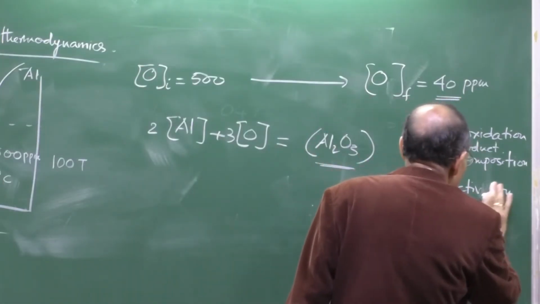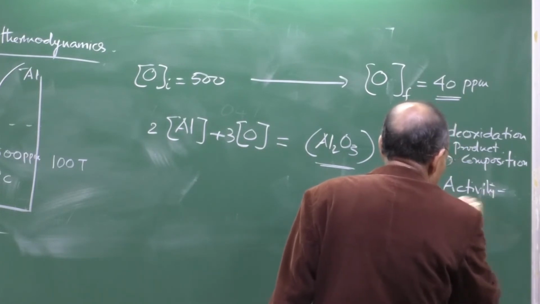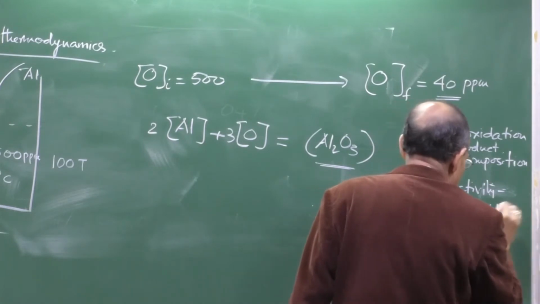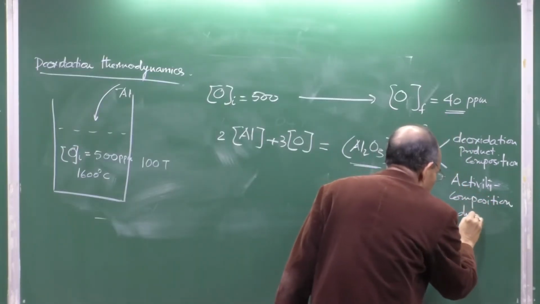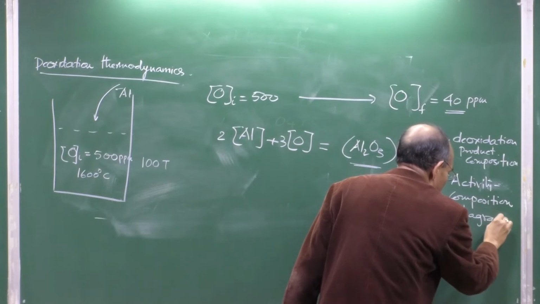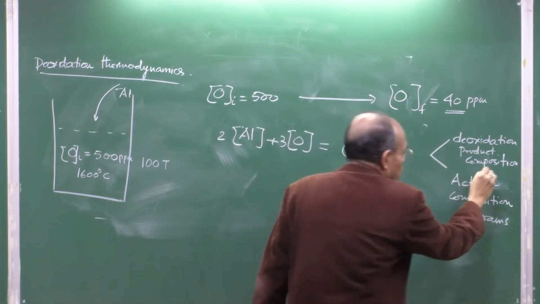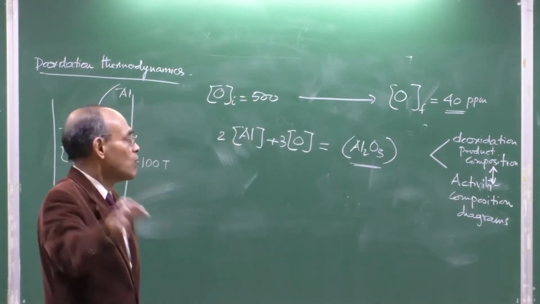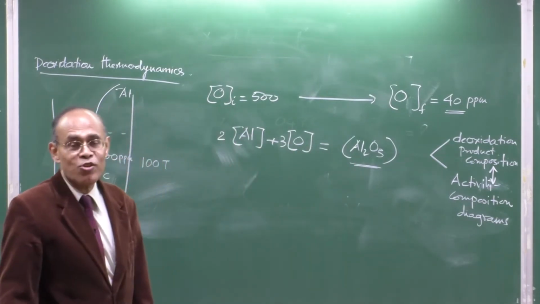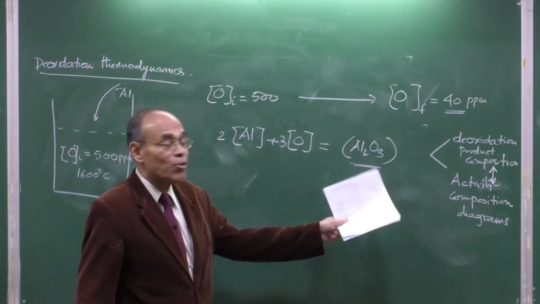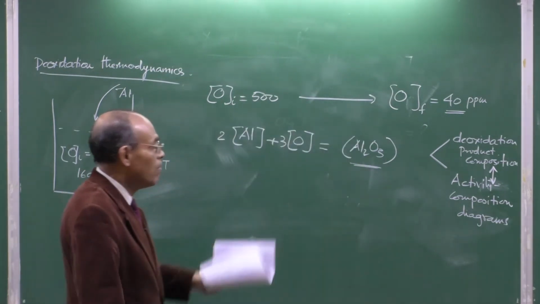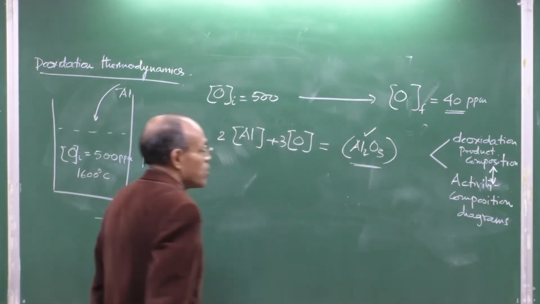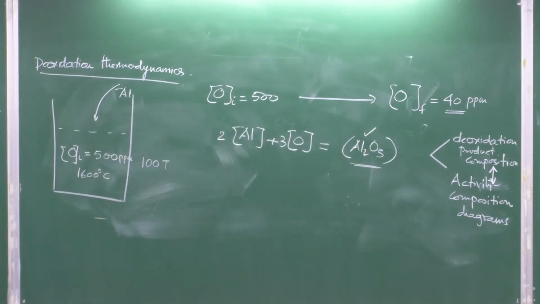Activity composition diagrams, relevant activity composition diagrams. These are two. Based on these two pieces of information, no matter what the system or the deoxidation product is, we will be able to find out, because all these calculations require that the activity of the deoxidation product forming must be known.